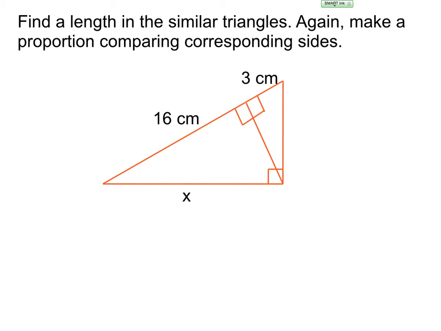Mark the right angles in each one. You decide which way works for you to turn it. If you need to turn them so they're sitting the same, or if you want to leave them turned the way they are in the picture. Put the right angles where they belong.